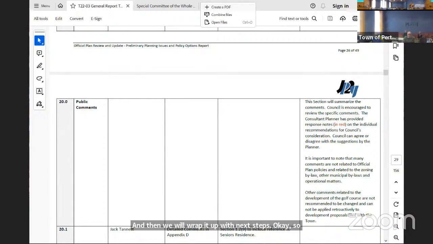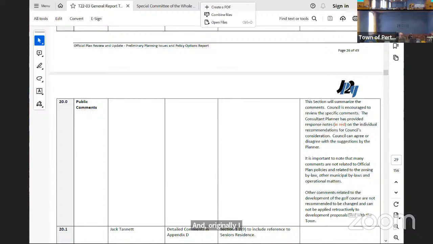Thanks very much, Chair. One of the things I'm always somewhat reluctant to get involved with is critiquing thoughtful public comments in a public document in a whole lot of detail. Originally, I more or less had them in this document and said, Council, you tell me what you want to do.